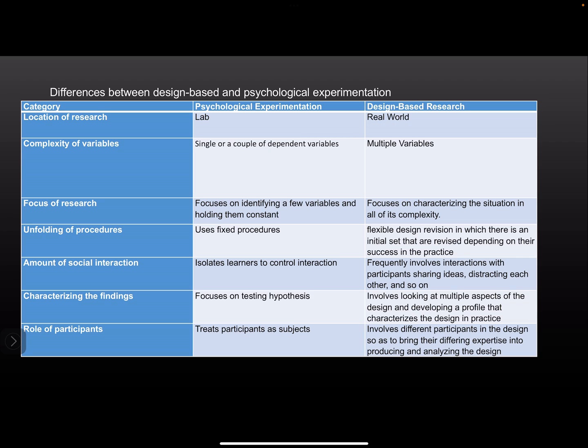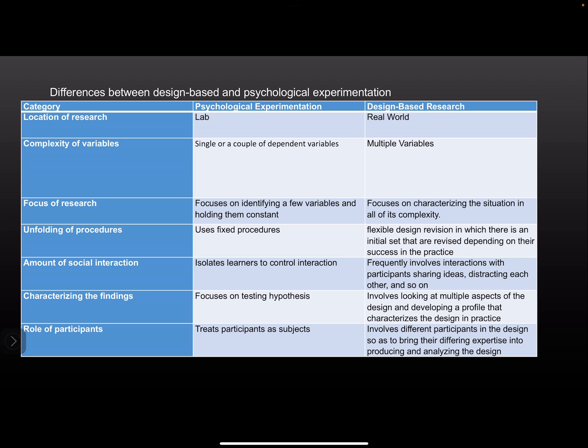The focus of research for psychological experimentation is usually on identifying a few variables and holding them constant, whereas design-based research focuses on characterizing the situation and all of its complexity.